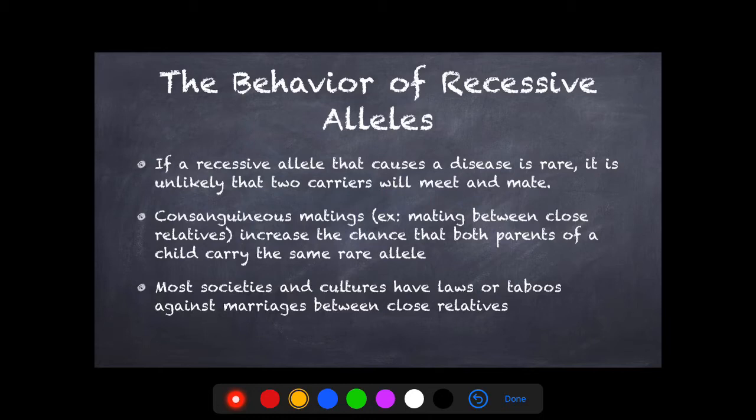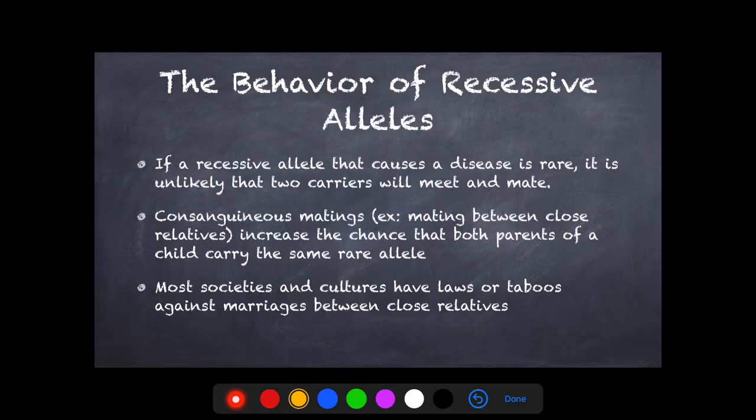Now, there are matings that you've probably seen in different cultures, which are also a taboo or against the law. Basically, it's when you have mating between pretty close relatives like cousins, hopefully not siblings, but sometimes first cousins do get together and they produce offspring.